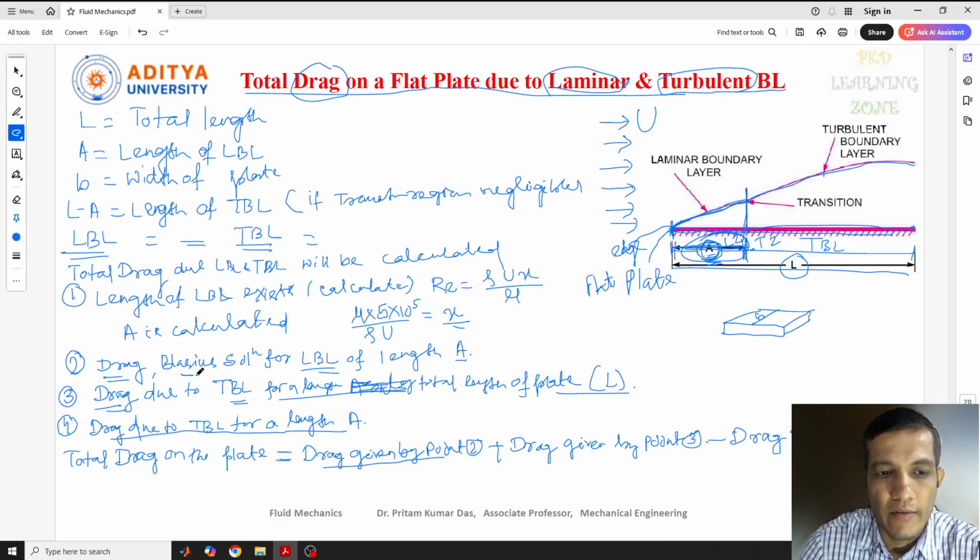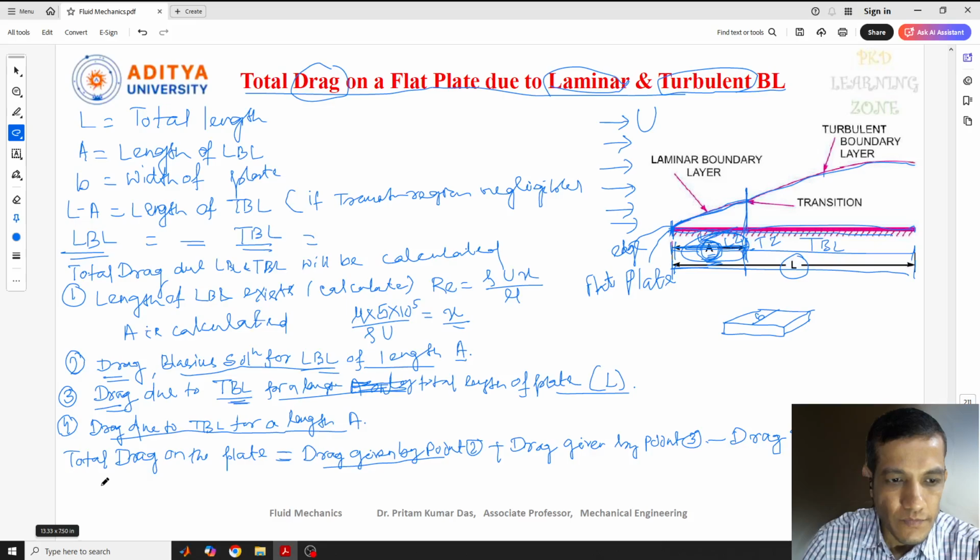That is the drag by Blasius equation, laminar boundary layer for a length, that means this one. Then the turbulent boundary layer for the length from here to here. Then already we have taken, again we are calculating this one, so we minus this one. That minus means the drag due to turbulent boundary layer for a length of A. So that one I have done negative here.